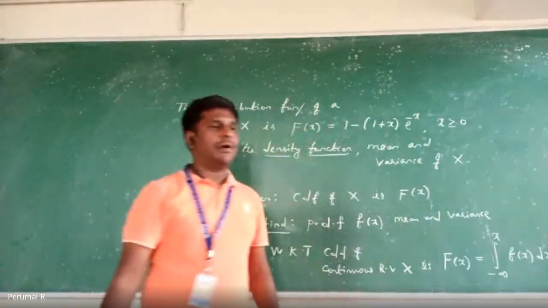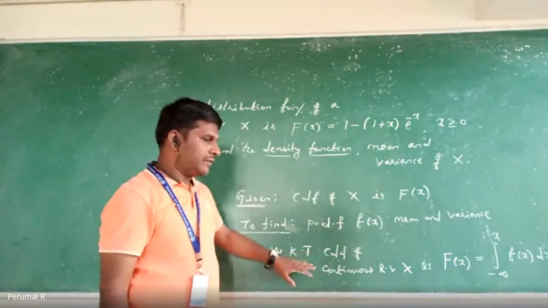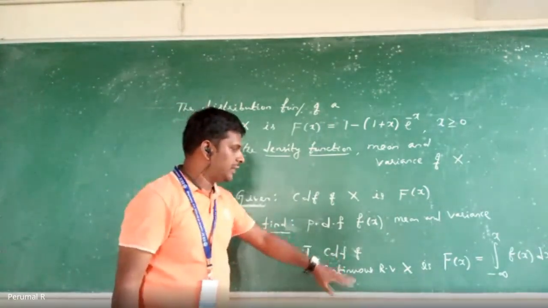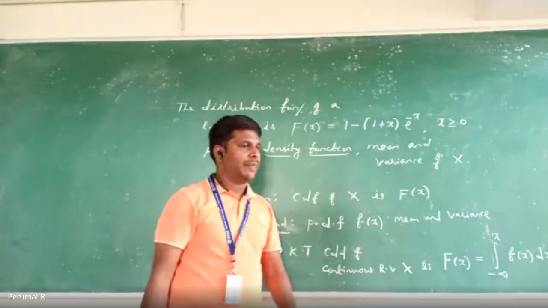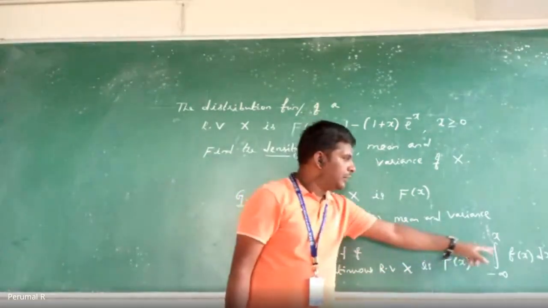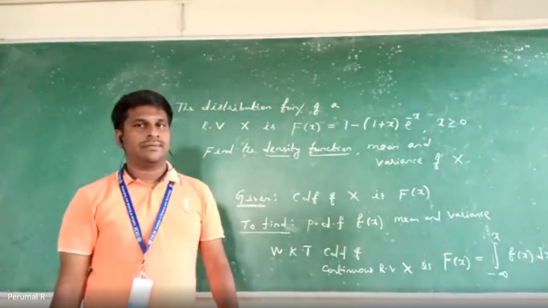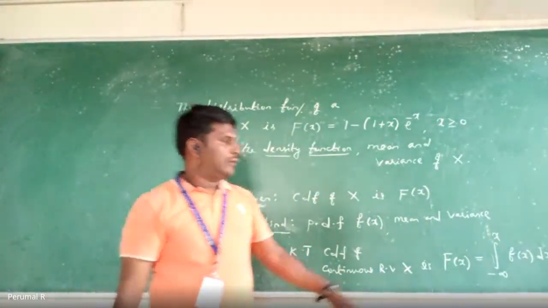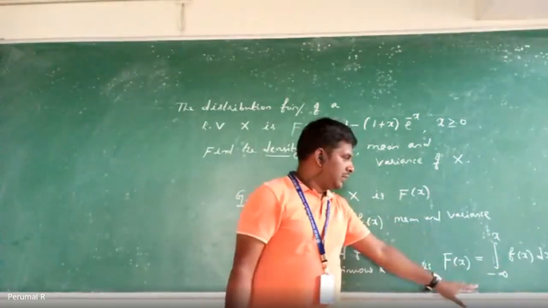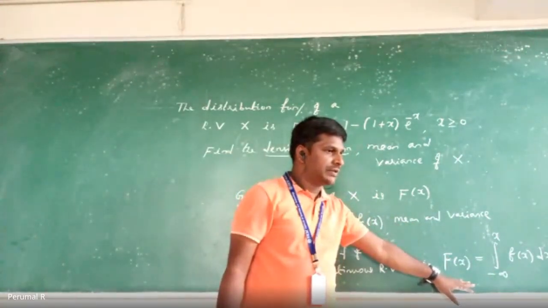Okay, so this is the formula for the cumulative distribution function of a continuous random variable. Using that formula, we have to find small f of x. How is it possible? Now this is the formula for the CDF, cumulative distribution function.